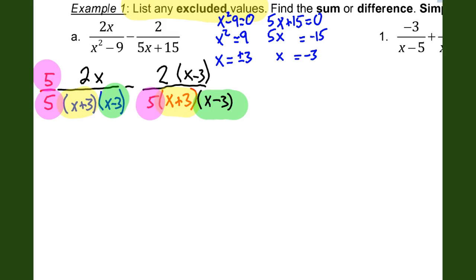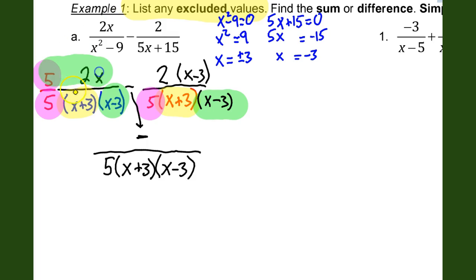So now I have my denominator. I can write this as a single fraction, same denominator, because they're the same. This is a subtraction problem. Put a subtraction right there. And so, use this pink.